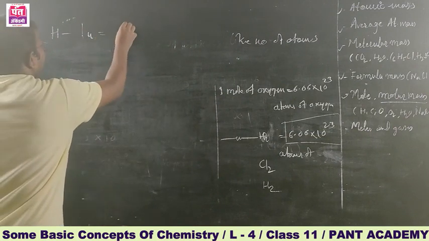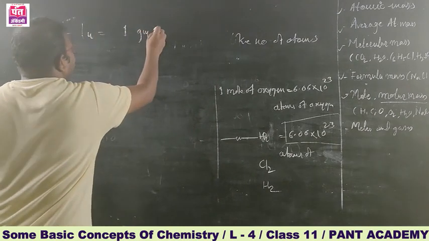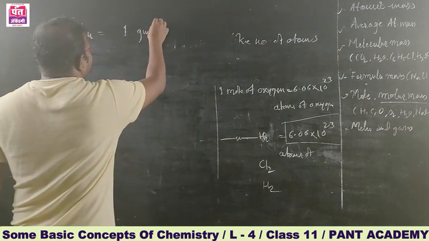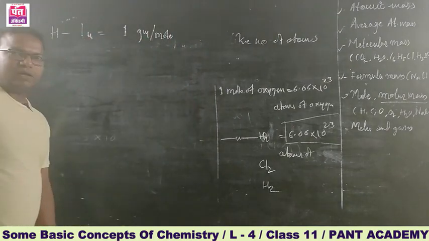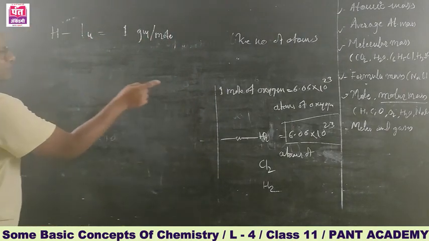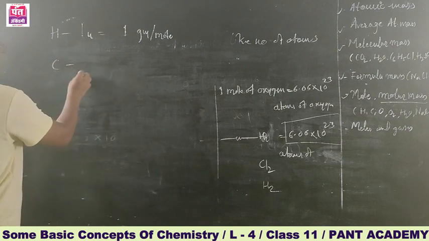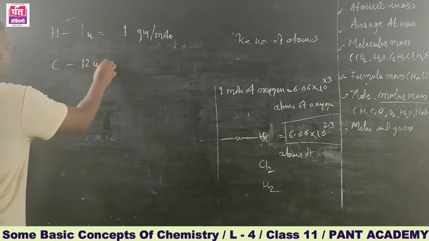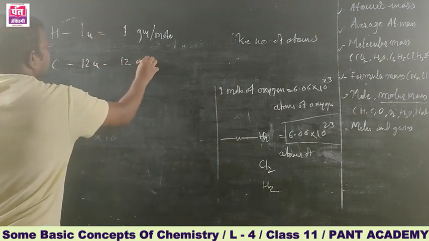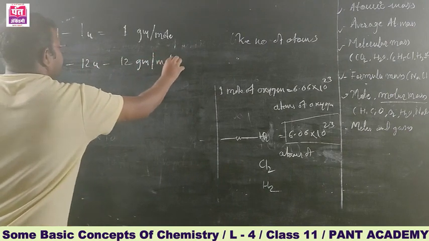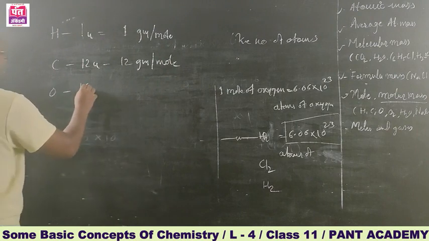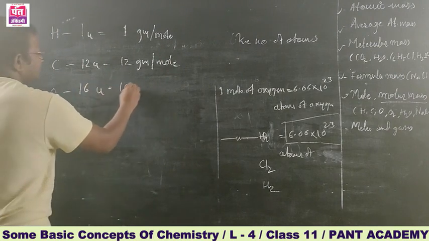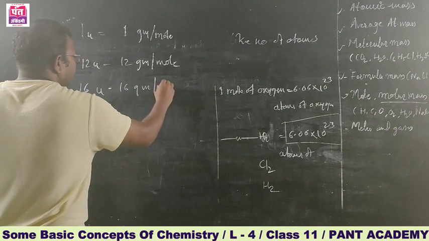We can call it as 1 gram per mole. Similar way कार्बन किती आहे 12 युनिफाइड मास आहे 12 ग्राम पर मोल. Similar way ऑक्सिजन 16 युनिफाइड मास 16 ग्राम पर मोल.